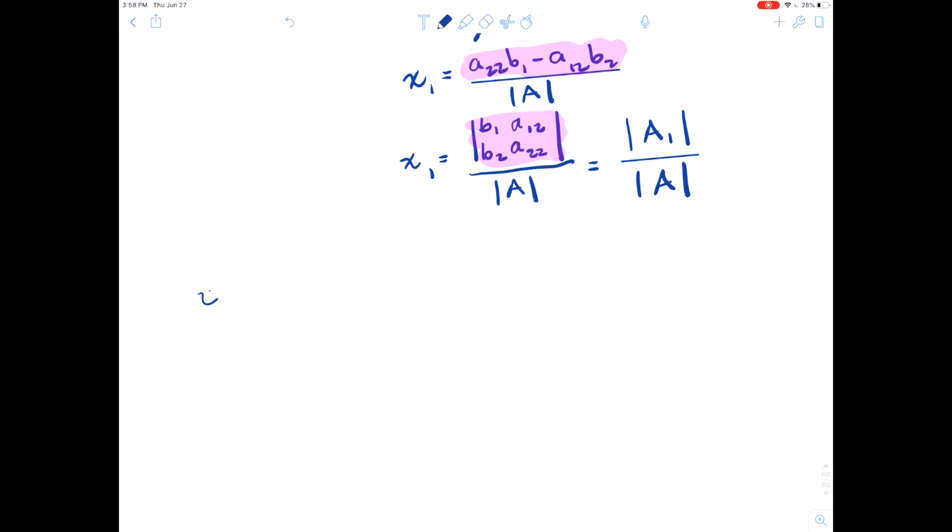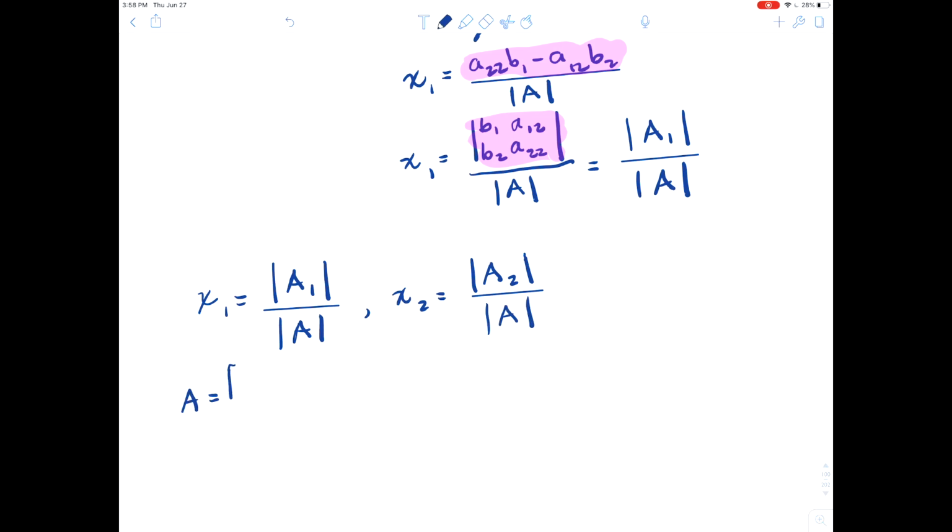And so just to rewrite, we get x1 was equal to the determinant of A1 over the determinant of A, and x2 was equal to the determinant of A2 over the determinant of A, where A was equal to our coefficient matrix, A1 is equal to our coefficient matrix except for the first column is replaced with the column of constants.